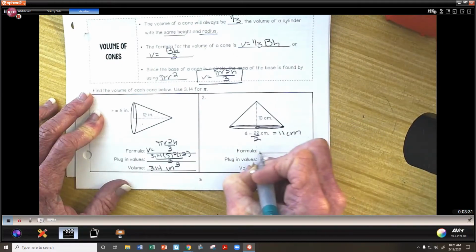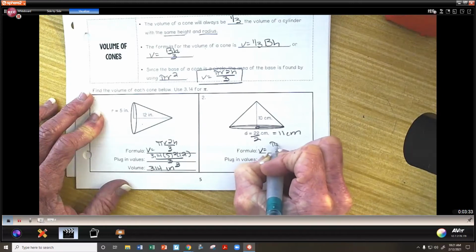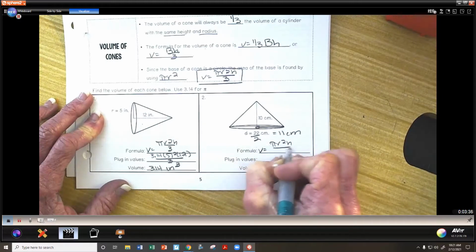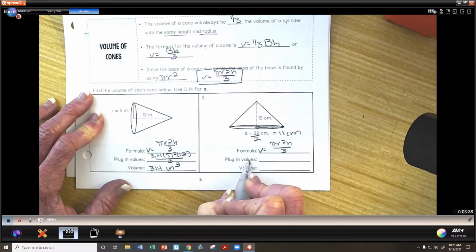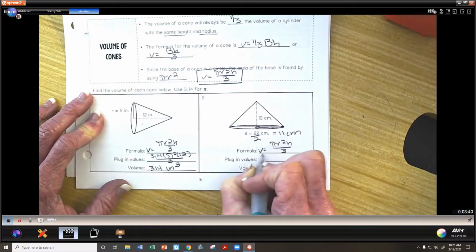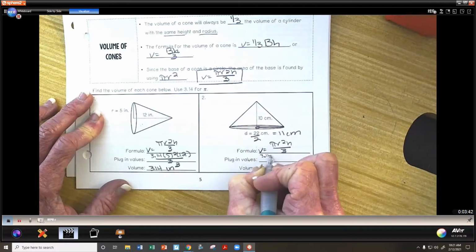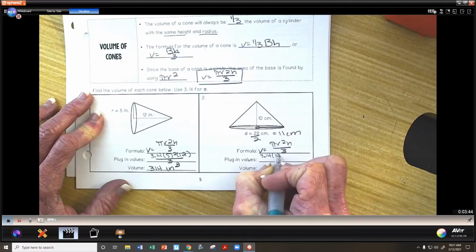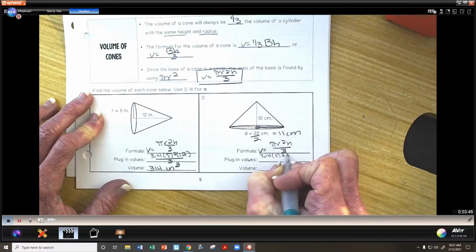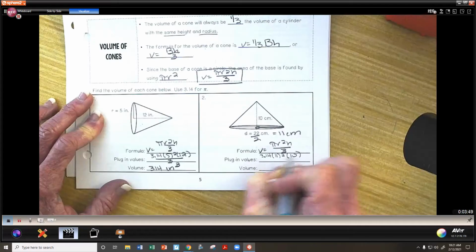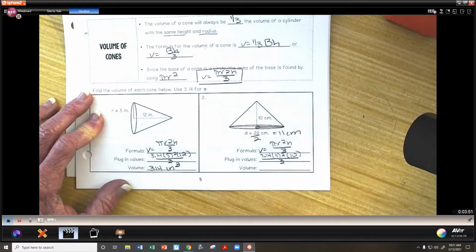Okay, so our formula is volume equals pi r squared H divided by 3. We're going to plug in our values, which would be 3.14 times 11 squared times our height, which was 10, all divided by 3.